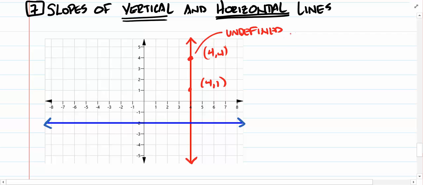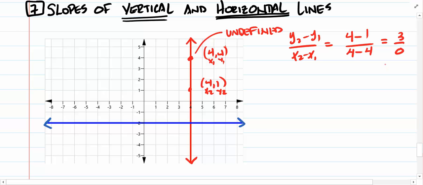Well, if I do y2 minus y1 over x2 minus x1, here's what I would get. Let's call this x1 and y1 and call this x2 and y2. The value of y2 would be 4, subtracted from 1, all divided by the value of x2 is 4, and the value of x1 is also 4. So look what I would get. I would get 3 divided by 0. So ladies and gentlemen, we can never have a 0 in the denominator of a fraction. That's why every single vertical line has an undefined slope.